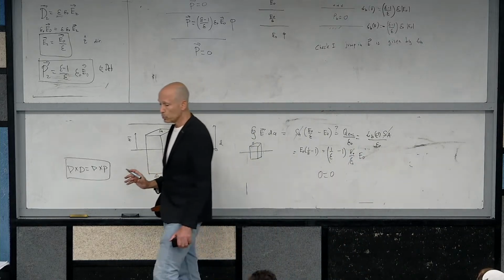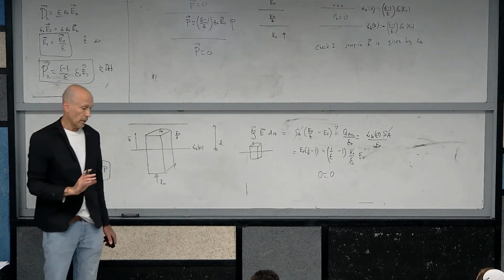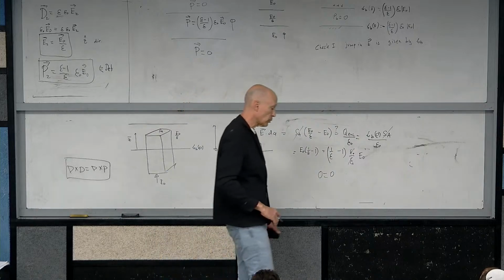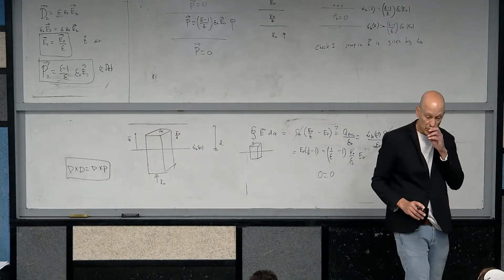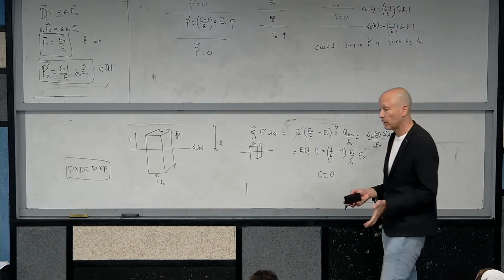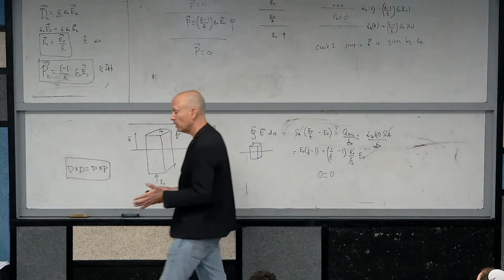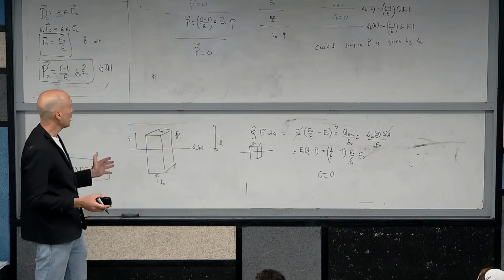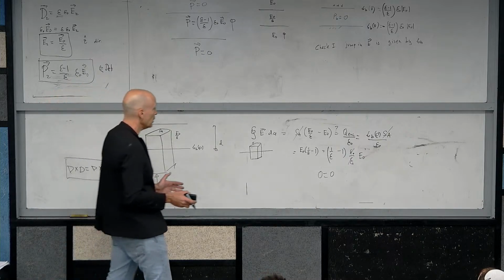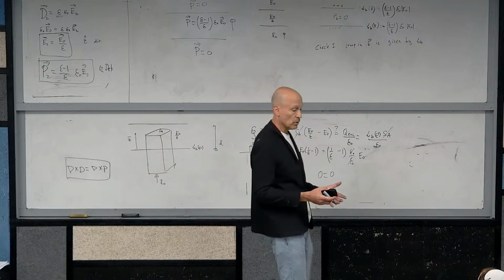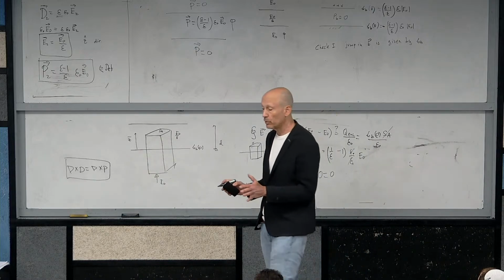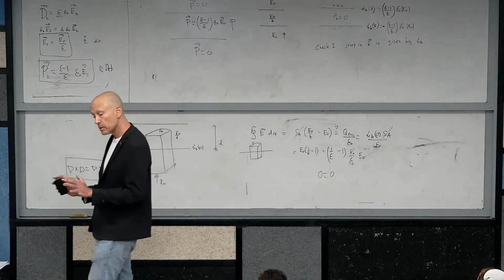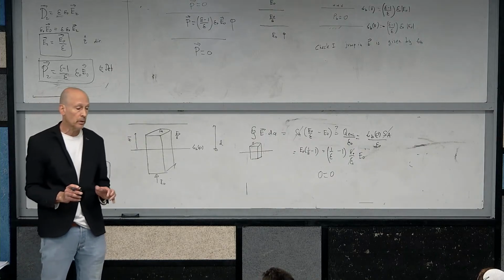So everything works well. What I try to emphasize here is that there are two methods working simultaneously, one with the vector D, this displacement vector. You may like this method or you may dislike it. It has an advantage because if you understand the boundary conditions, it's usually, at least in simple problems, relatively simple.